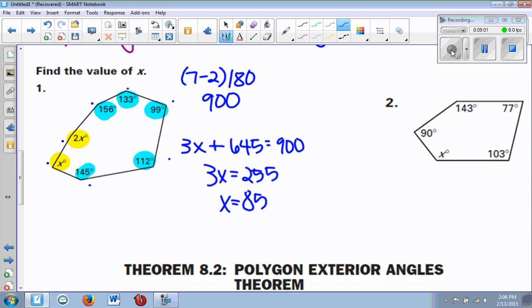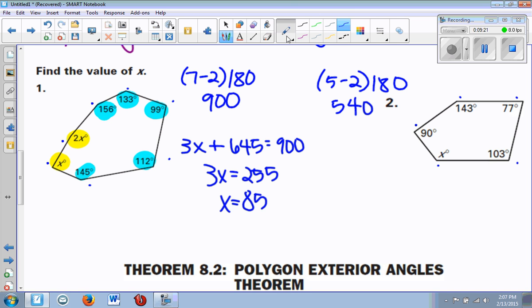Similar type problem in the next one. We've got 1, 2, 3, 4, 5 angles. So the first thing we do is use our formula to figure out what all of those should add up to. If we do 5 minus 2 times 180, we get 540. So again, we're going to write an equation.